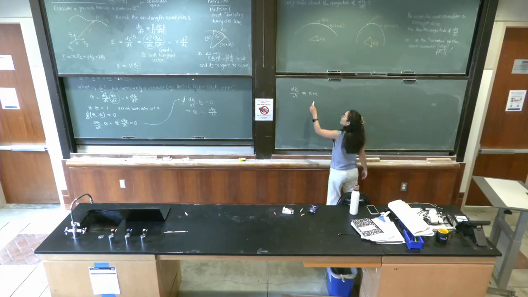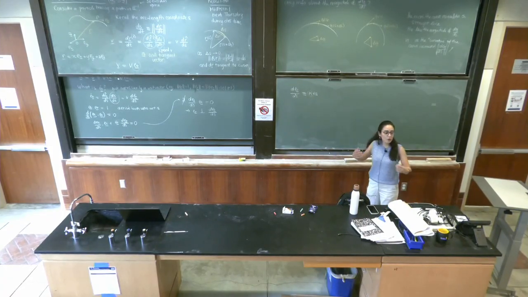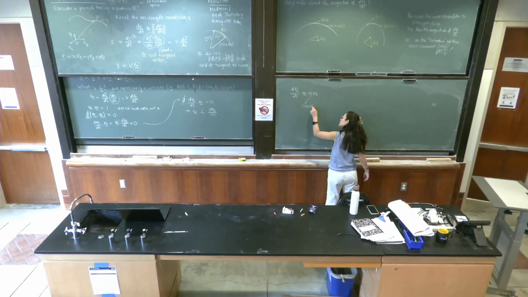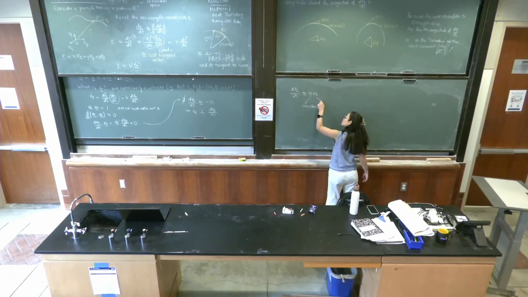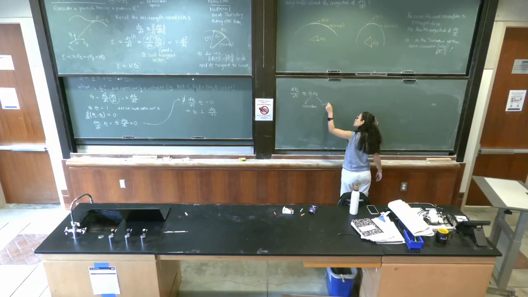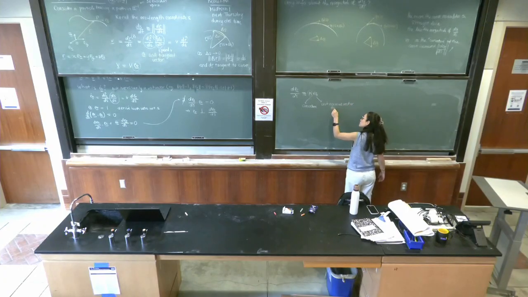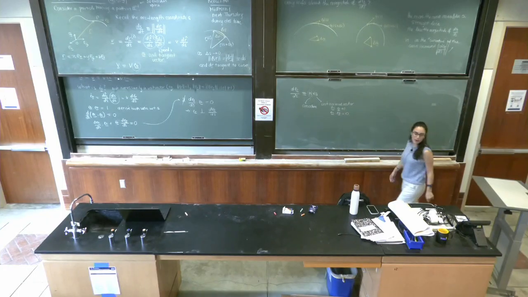And kappa is called the curvature. Okay?